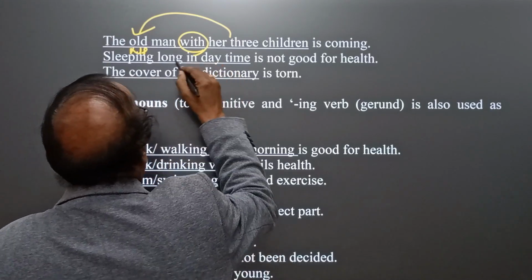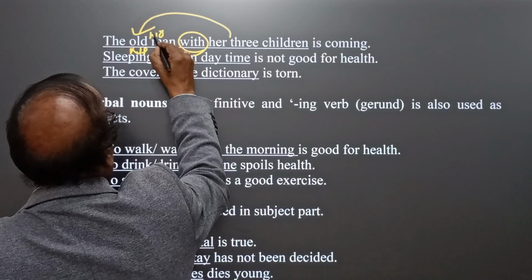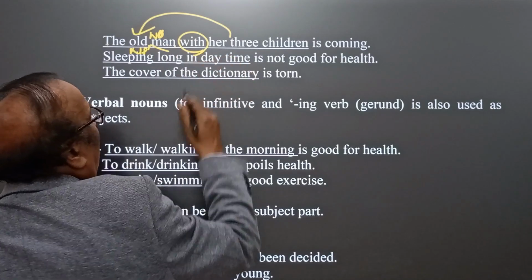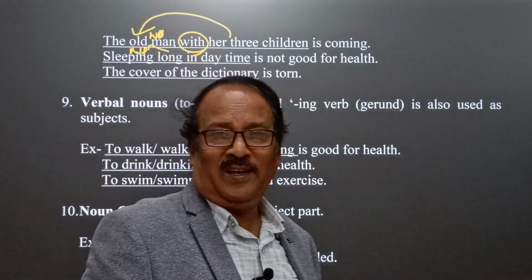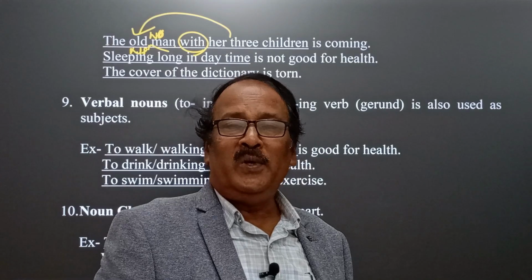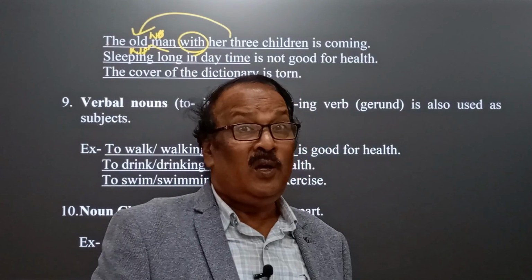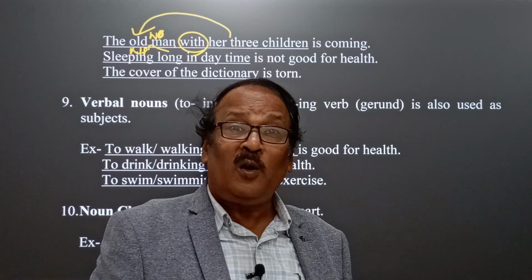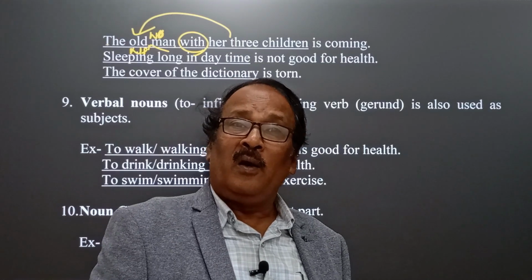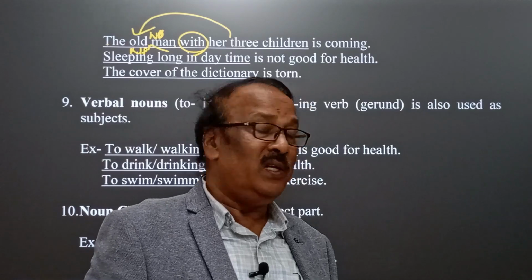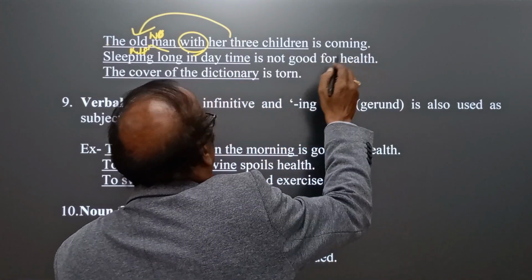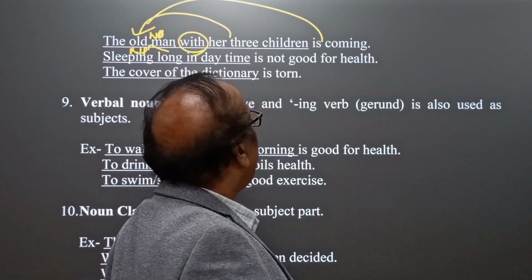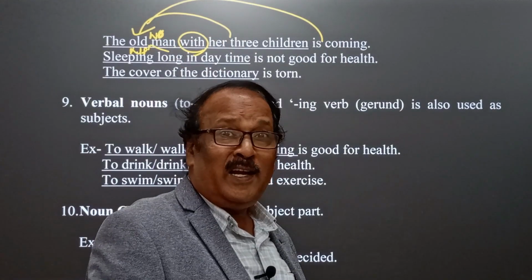The old man with her three children is coming. Naturally, her is there, and it means the woman is not coming alone. The woman is coming with her three children. You see, is coming is used here mostly due to the old man. Yes, a very interesting idea.